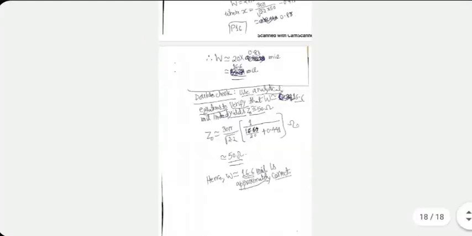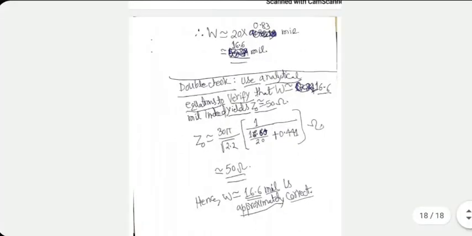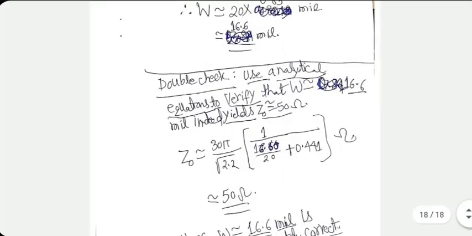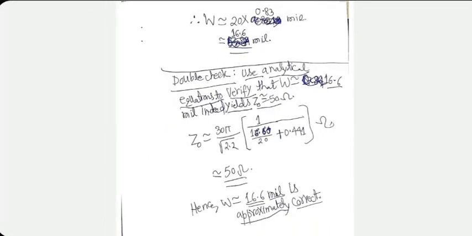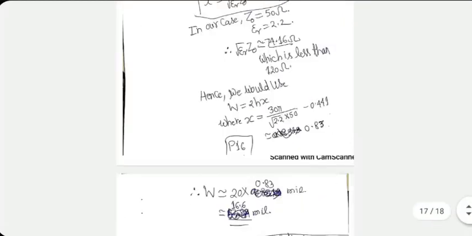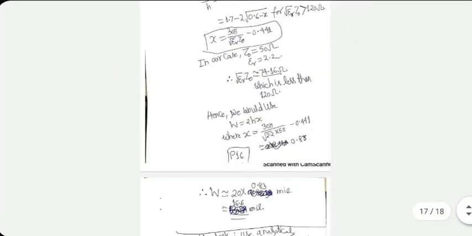So let me double check my results by using the formula for Z naught in the analysis equations. In fact, I had made a mistake here. I'm glad that I double checked and I caught my mistake in calculations. If you put 16.6 in the analytical equations and do the calculation, you get almost 50 ohm. So your synthesis equations have given you correct W.